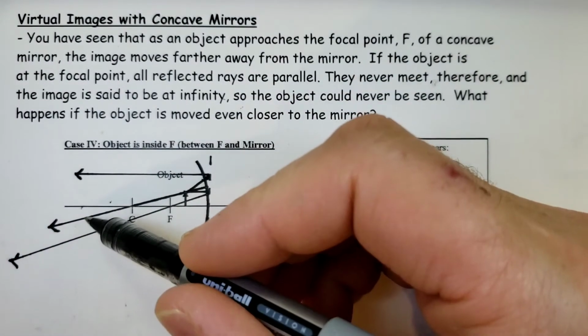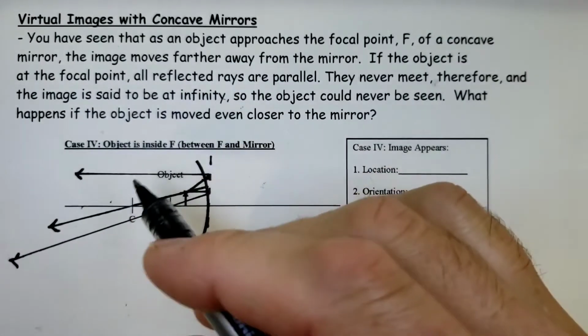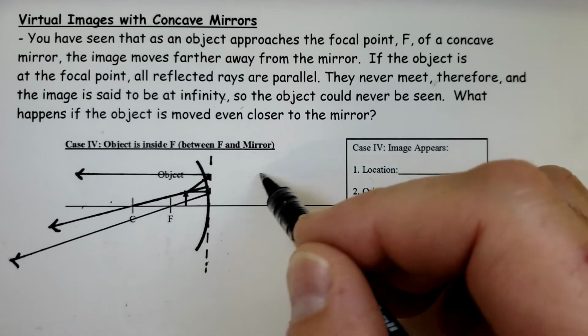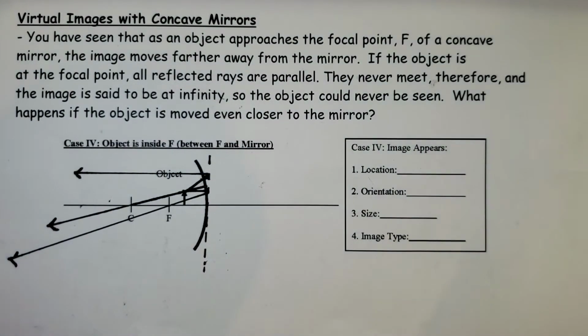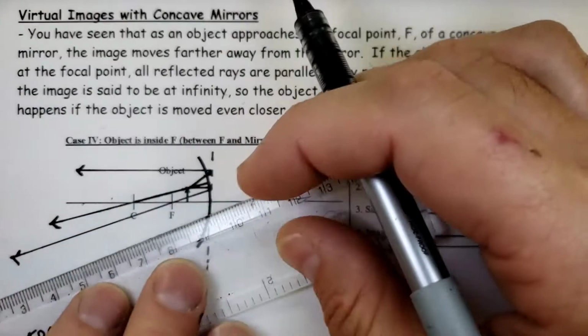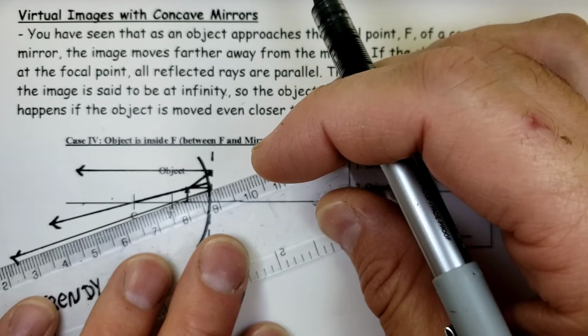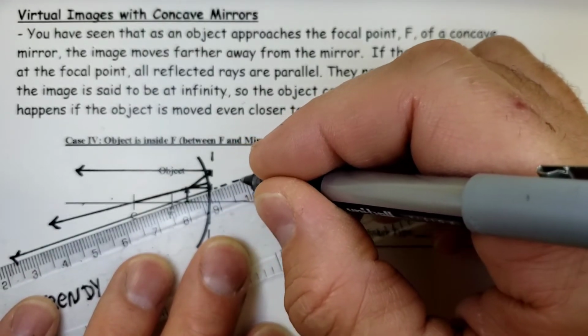Now if you look at these rays, they all diverge on this side of the mirror, but they come together and converge over here. So if we extend these backwards, if I extend this one backwards, in parallel out through F, and again if it's behind the mirror we make it a dotted line, right?